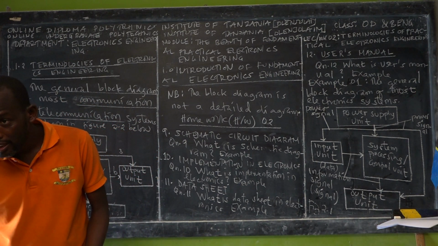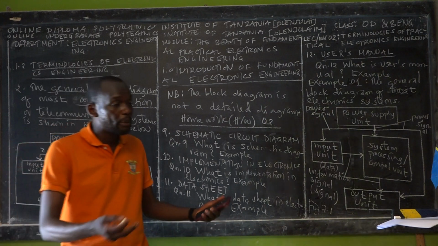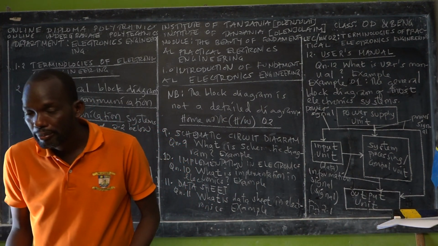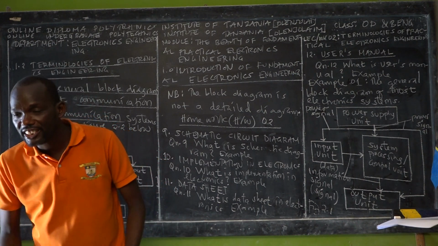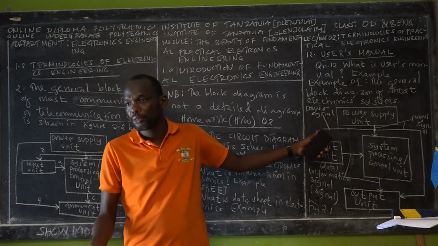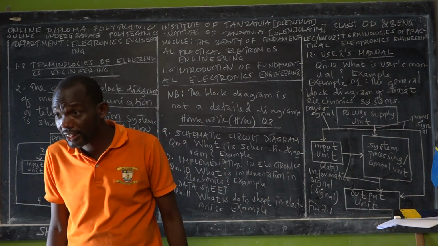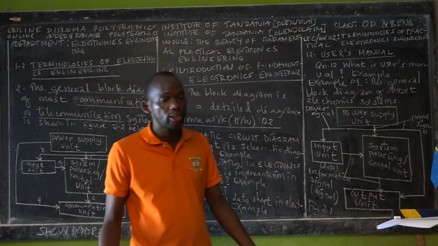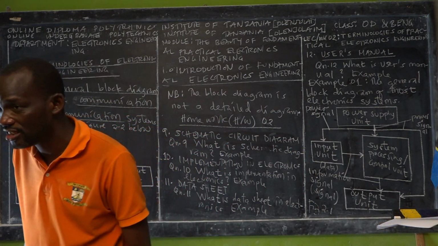Are we together? It's not the power signal. That is the information signal. But in order for the microphone to work, it needs power, and that's why we have this arrow, for example, if you take a microphone. Then the processor. In most mobile phones it's a microprocessor or microcontroller, depending, right?